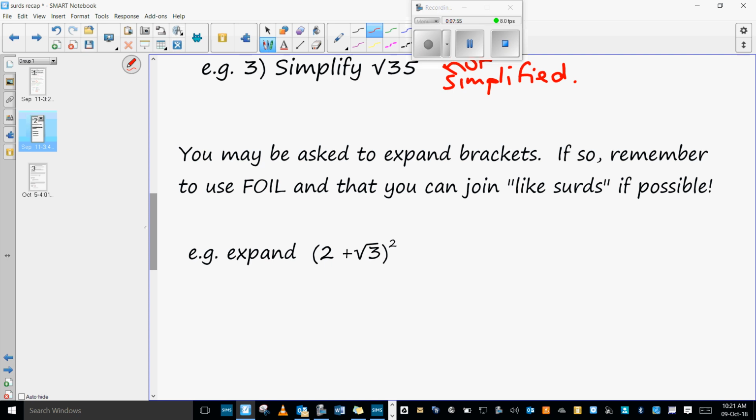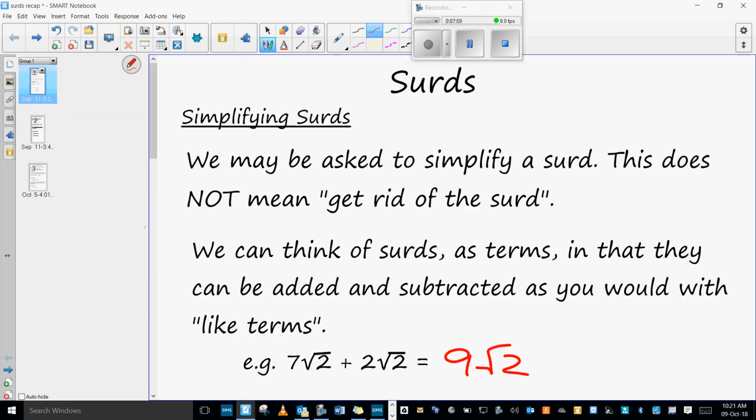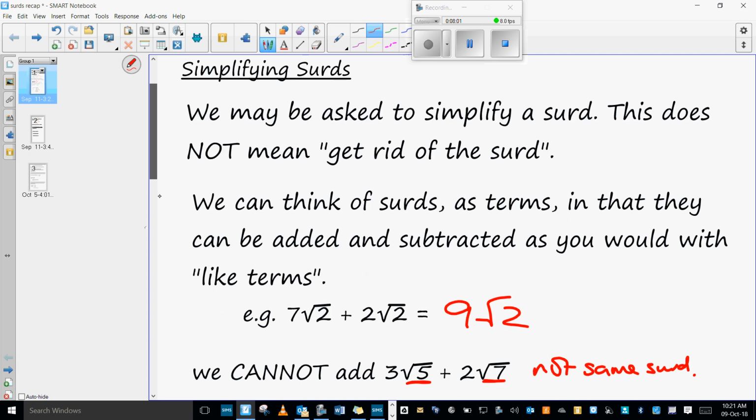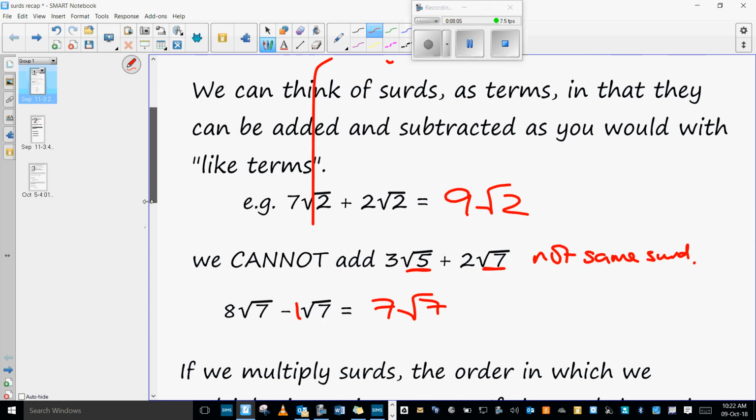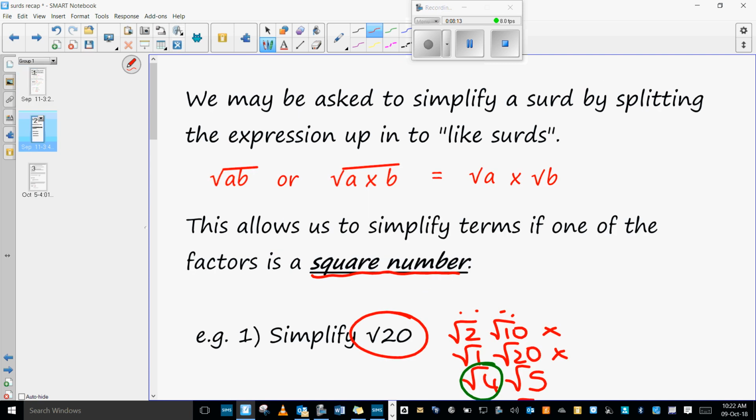Now, just as a slight side note, we know that we can add surds if they have the same value here. So what might happen is that you may get a question like this.